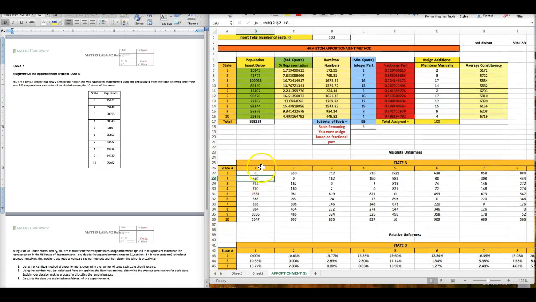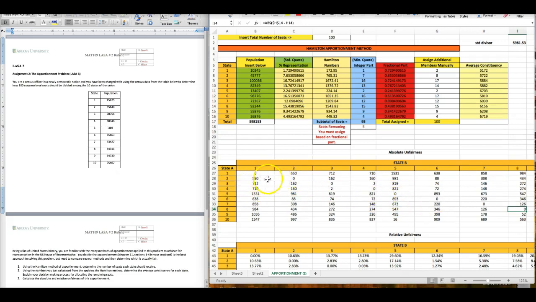We see that here the absolute unfairness is going to be 550. That means the difference between the average constituency of state 1 and state 2 is 550. Now, all these zeros that you see here make sense, because when we compare a state to itself, the difference in average constituency is going to be 0. So there's really nothing to calculate there, and we ignore those zeros.